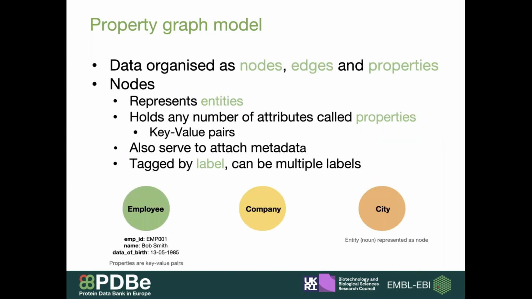So let's talk about the property graph model. The property graph model is an approach in graph database design. The foundation of this model is based on nodes, relationships and properties. Nodes are used to store entities. They store data as attributes called properties, which are key-value pairs.